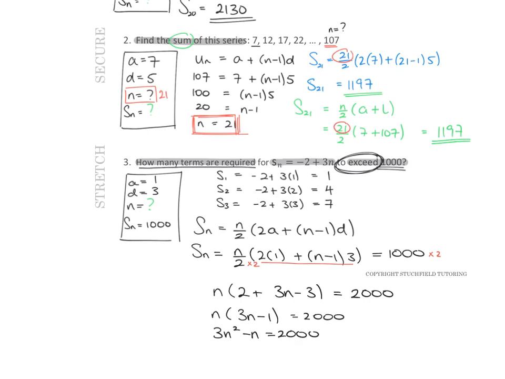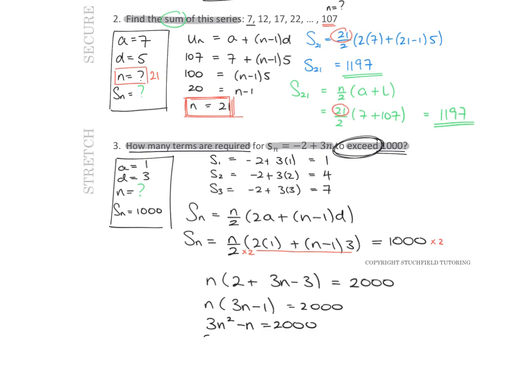Now what I've got here is a quadratic, so to solve that I need it to be equal to 0. And I'm going to solve that on my calculator. So menu A, 2, and the degree is 2. Putting those values in, and I get n equals 25.98 something, or equals minus something. Now that is not possible, because we can't have a negative number of terms.